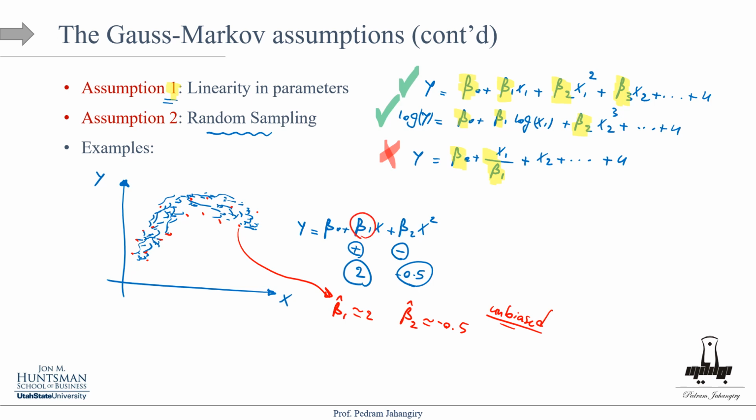But I want you to pay attention to this green dot. Imagine our sampling is not random. For whatever reason, we are collecting information not randomly, and we ended up here. If I want to come up with a regression fitted line, it will be something like this.